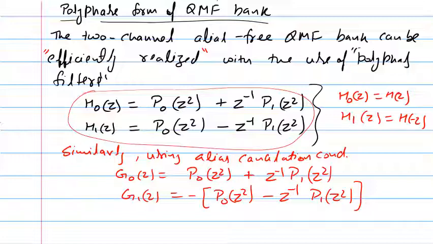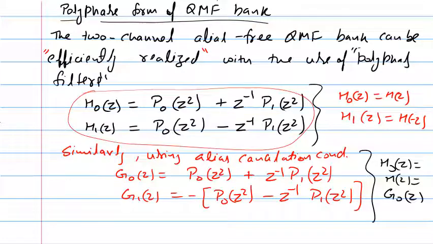As I already told you earlier, for the alias-free condition, what was that? It was G0(z) is equal to H0(z). So G0(z) should be equal to H0(z), as you can see from here.